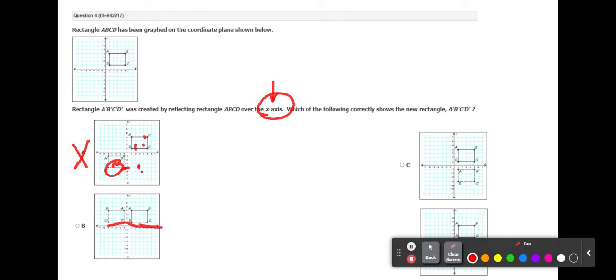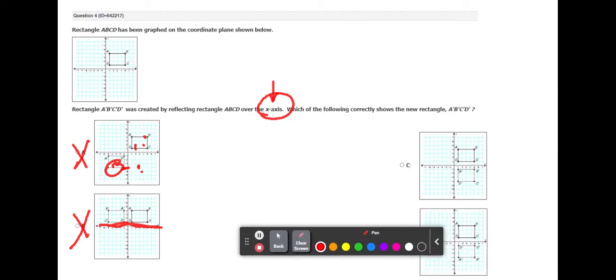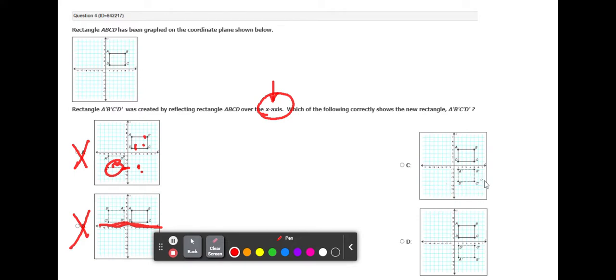So this one didn't go over the X. This one went over the Y. So it's definitely not B. Let's look at C. It went over the right axis, and it looks a lot like D. They almost look the same. So you're going to have to look up close to see which one is correct.